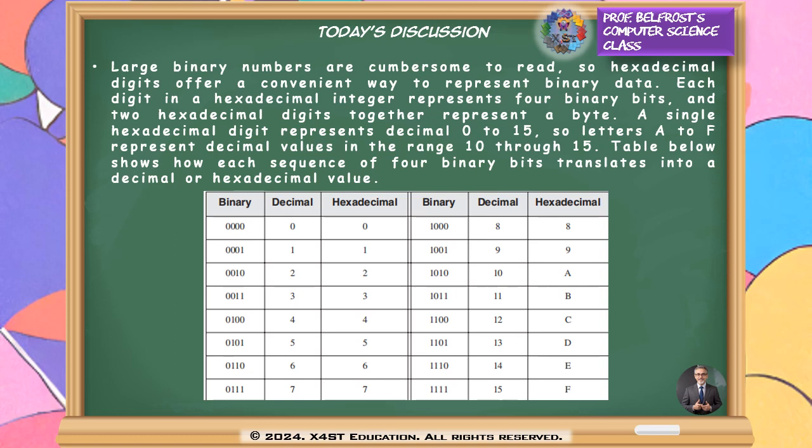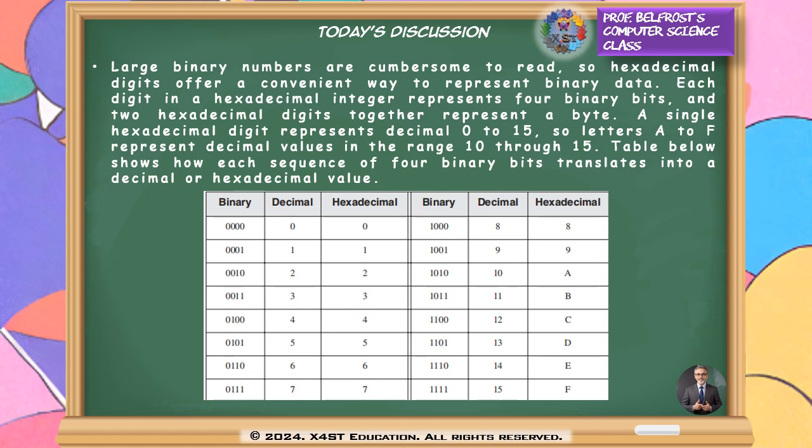Large binary numbers are actually cumbersome to read. So hexadecimal offers a convenient way to represent binary data. Each hexadecimal digit represents 4 binary bits, and 2 hexadecimal digits together represent a byte.